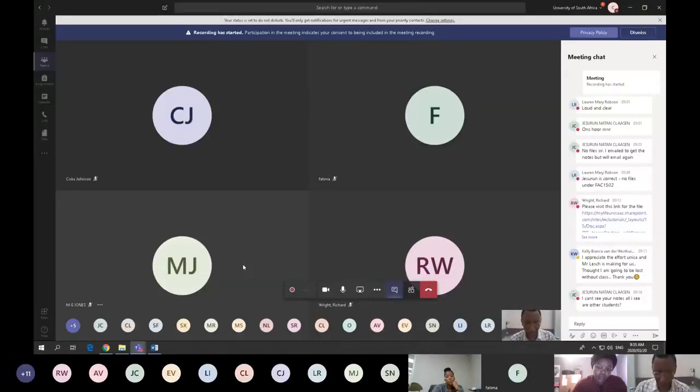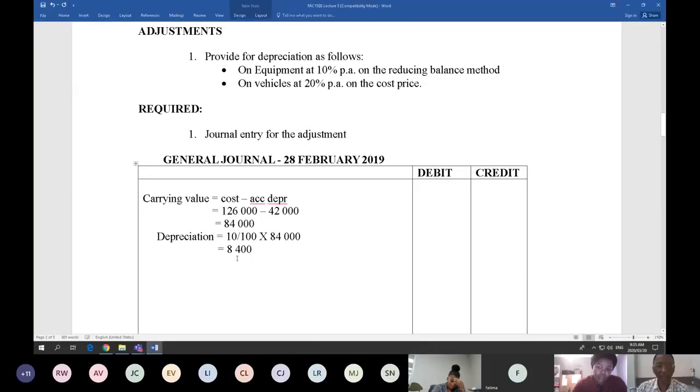The second bullet asks you to calculate the depreciation on your vehicles. And the depreciation on vehicles must be calculated at 10% per annum. No, I'm sorry, it's 20% per annum on the cost price of the vehicles.